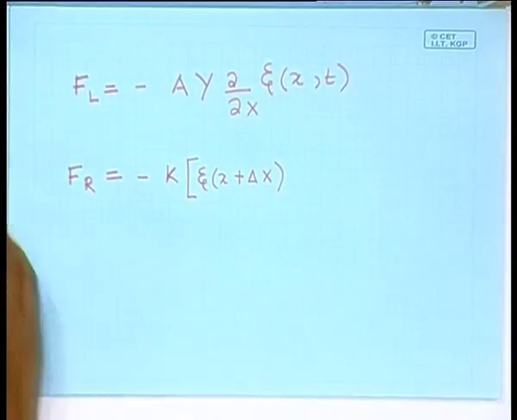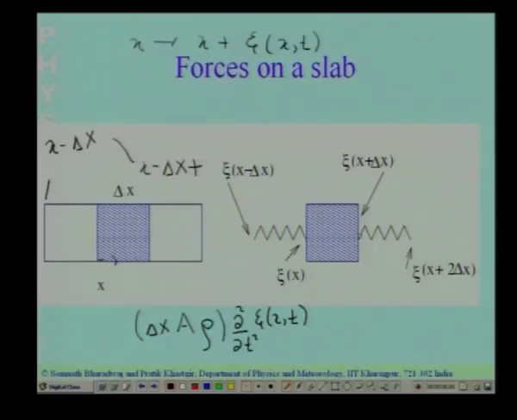This is the force that arises when I push this tip to the right or to the left. There is also going to be a force when I pull this end of the spring over here, elongate it like this, it is going to give a force in this direction on this end.